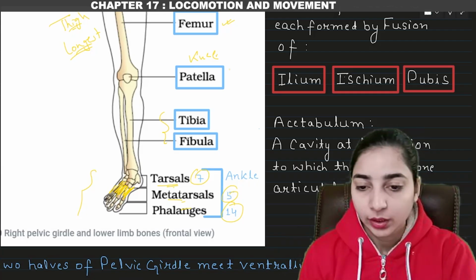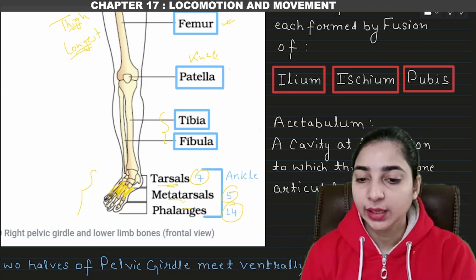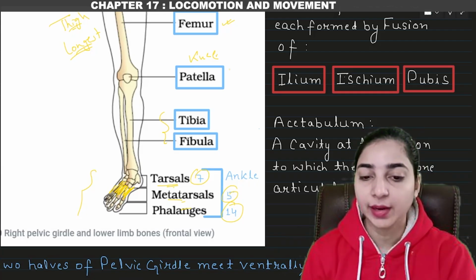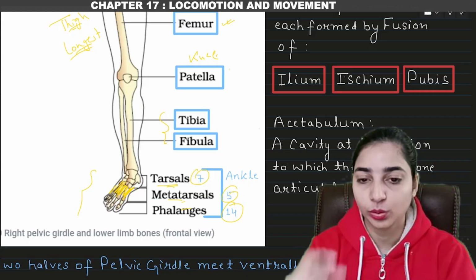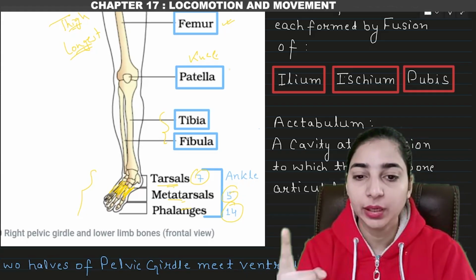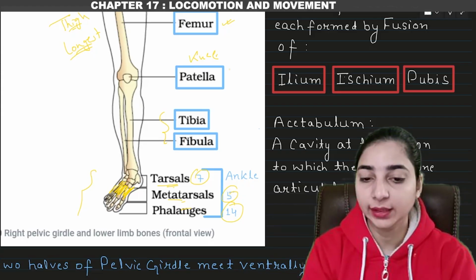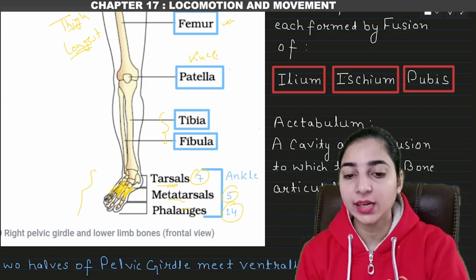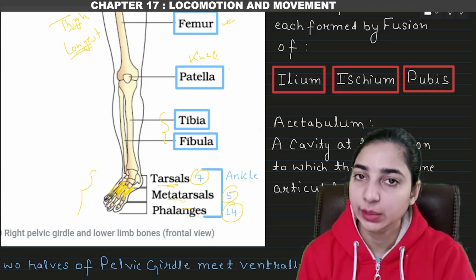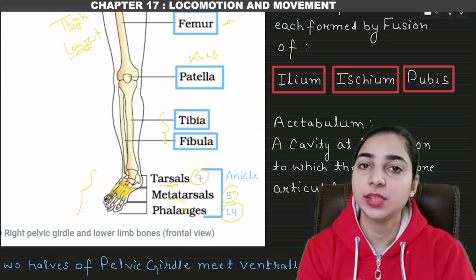So 7 ankle bones, that means 7 tarsals, 5 metatarsals and 14 phalanges. So again, if you add them, femur, 1 patella, 1 tibia, 1 fibula, and then 7 tarsals, 5 metatarsals and 14 phalanges, you will get 30 bones. So each leg consists of 30 bones.